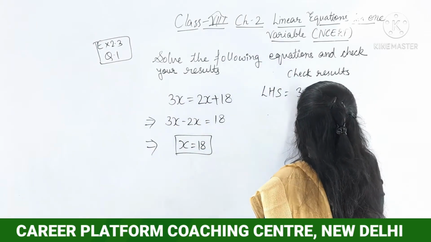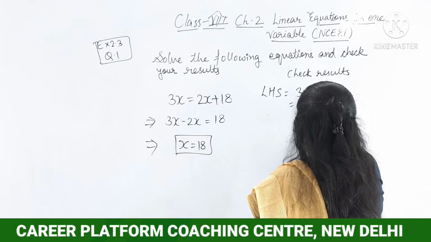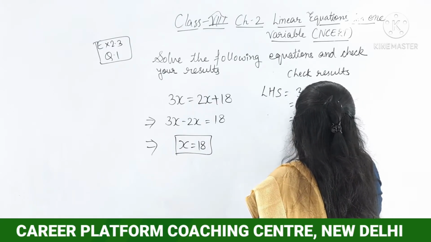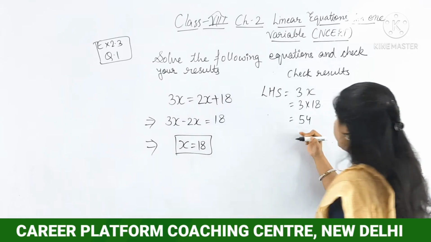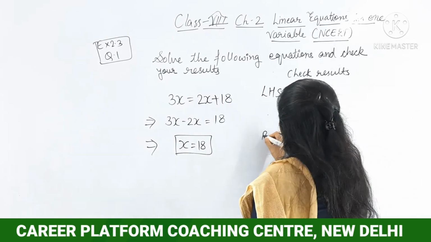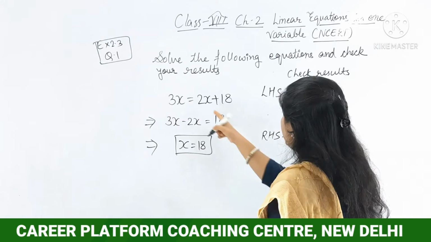LHS is 3x, 3 into 18, which is 54. And RHS is 2x plus 18.